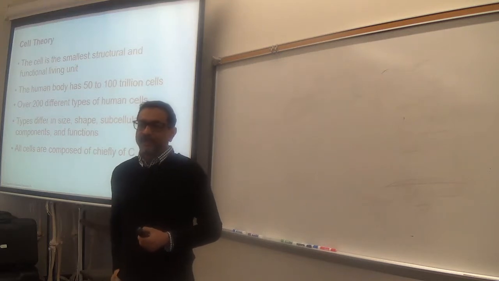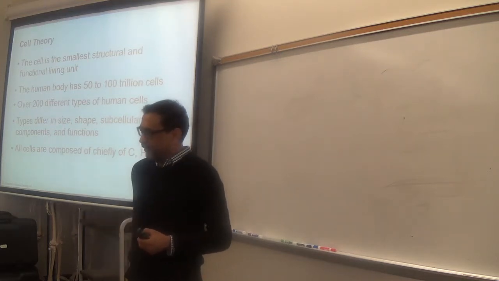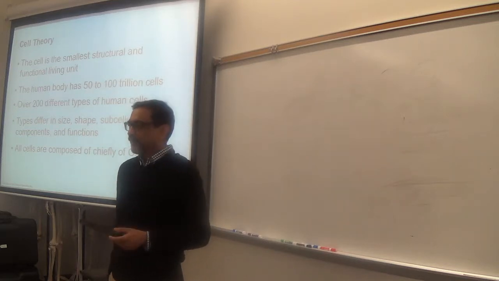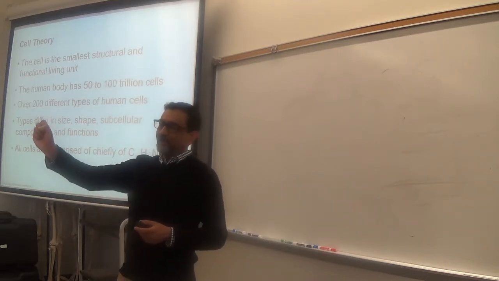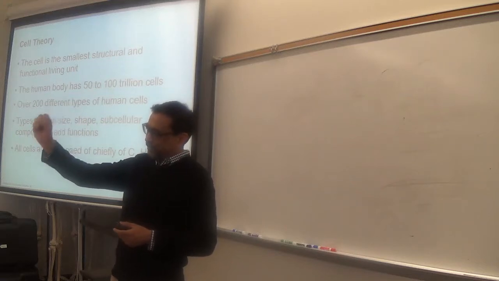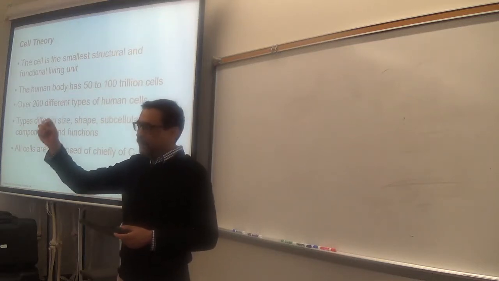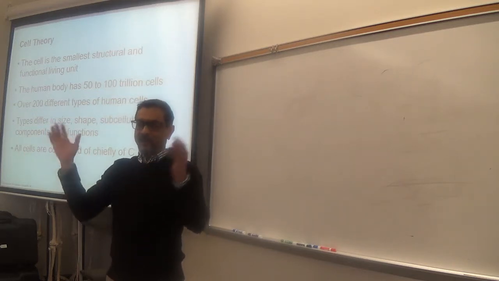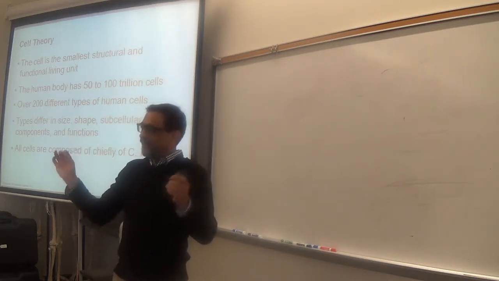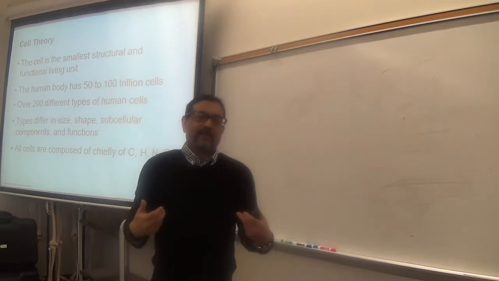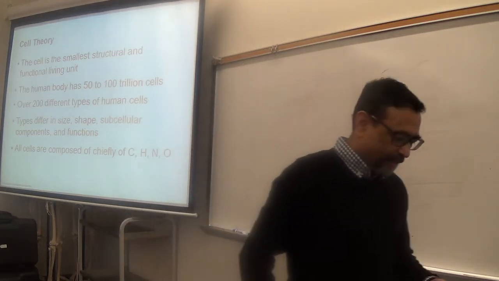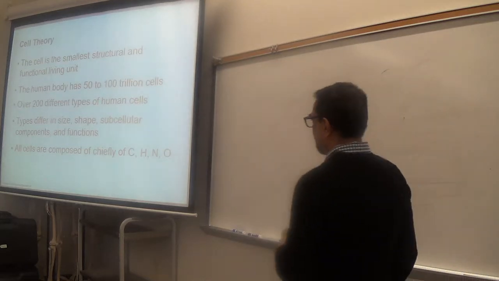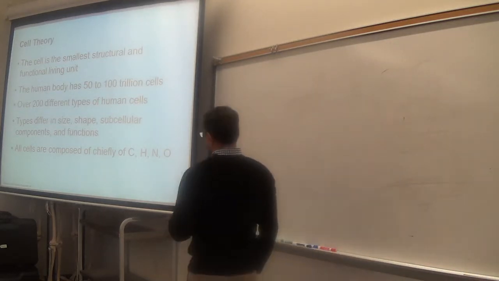Amoeba, have you heard that? Single cell microorganism, amoeba. So you know that a single cell can stay alive and function. Now if you break the cell membrane of amoeba or bacteria, it will die. Make sense? So that is the smallest unit that can stay alive and survive. So that's why it is the smallest unit of structure and function.